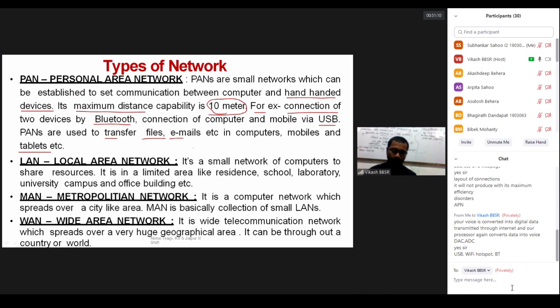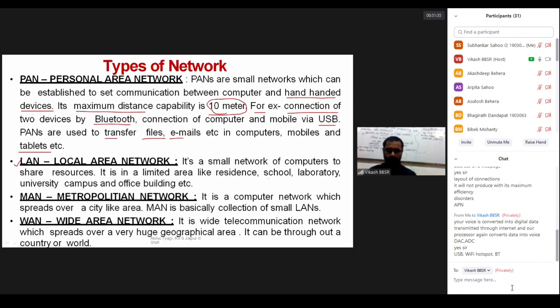PAN completed. Then go for LAN. What is LAN? PAN works for only a few meters, 5 to 10 meters.